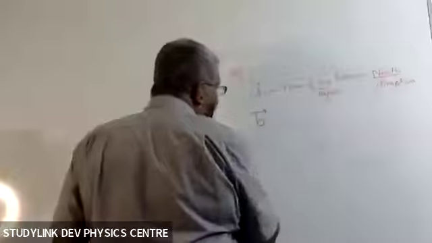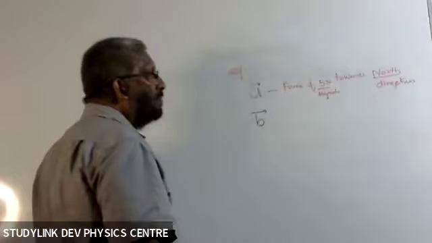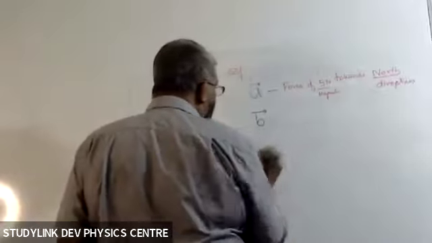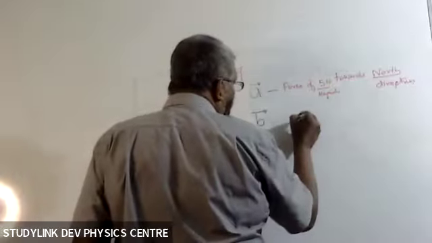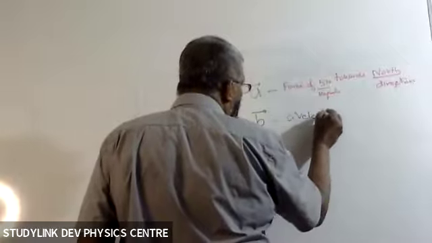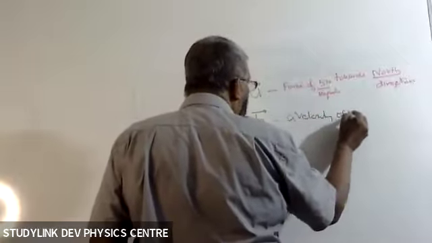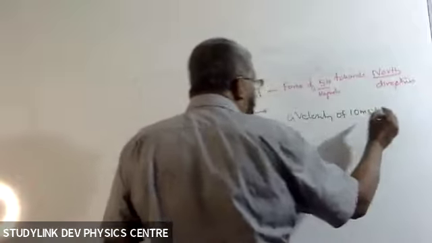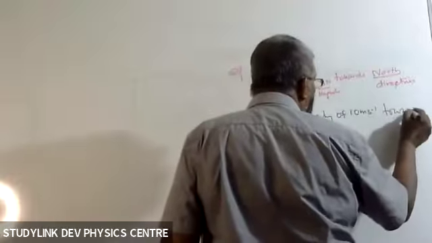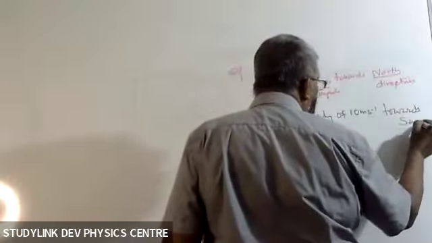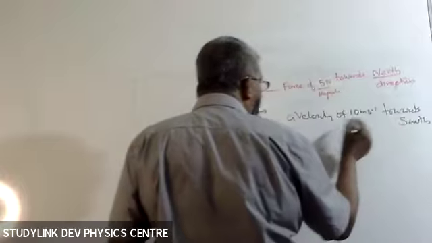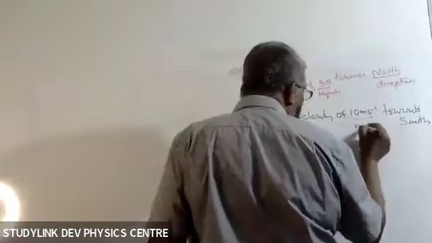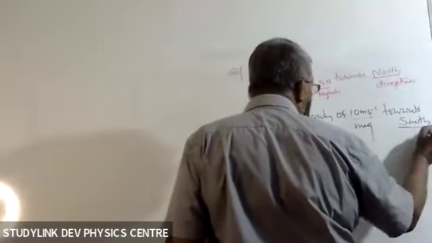Vector B: a velocity of 10 meters per second towards south. Here, the velocity value is the magnitude, and this is the direction.